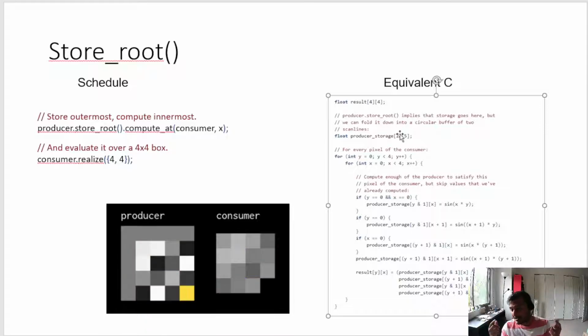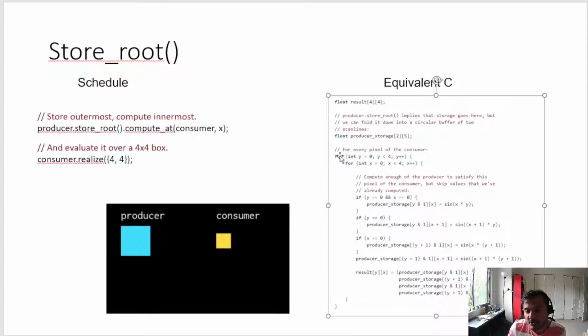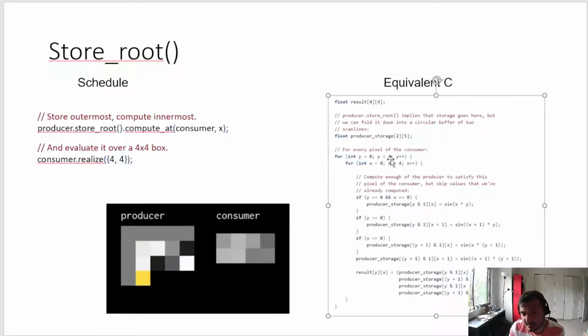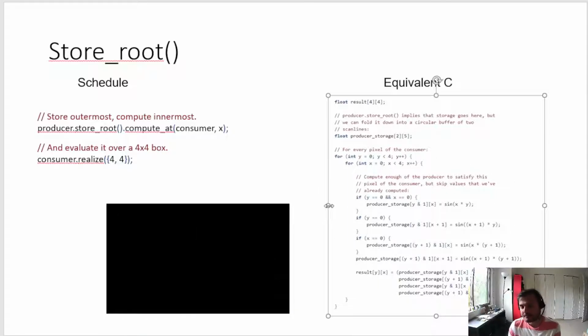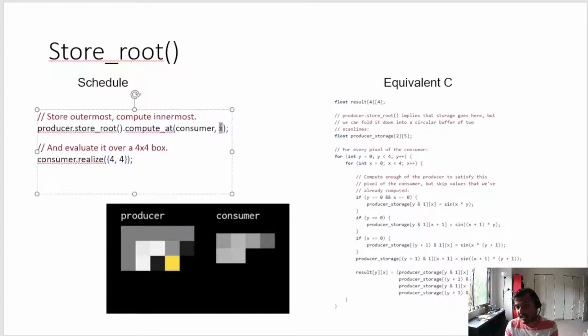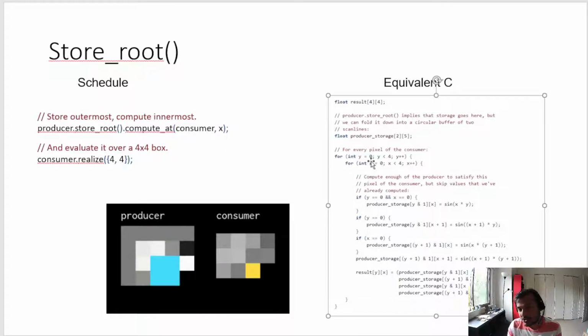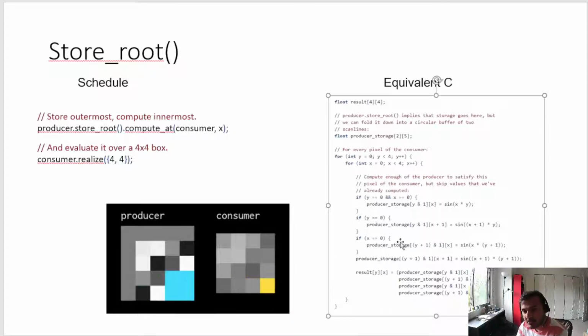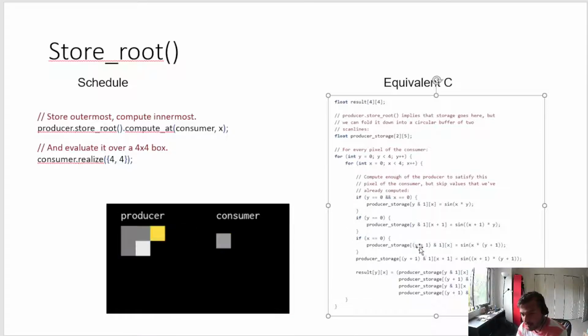Because there is one row that is overlapping, right? So first I loop over the y's, and then I loop over the x's, and then the whole compute is within the x because we're computing at x. So for each x value, we do the producer storage computation.